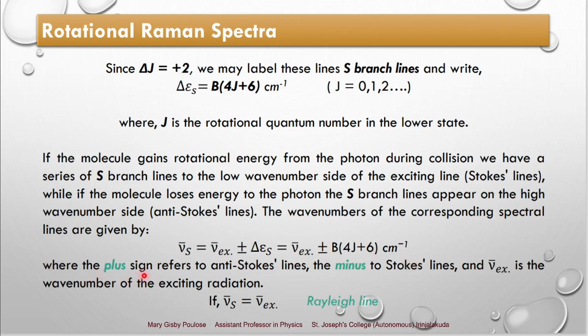Here the plus sign refers to the anti-Stokes lines, the higher frequency side lines, and the minus sign refers to the Stokes lines, the lower frequency lines. And nu bar of the exciting radiation is the wave number of the exciting radiation.